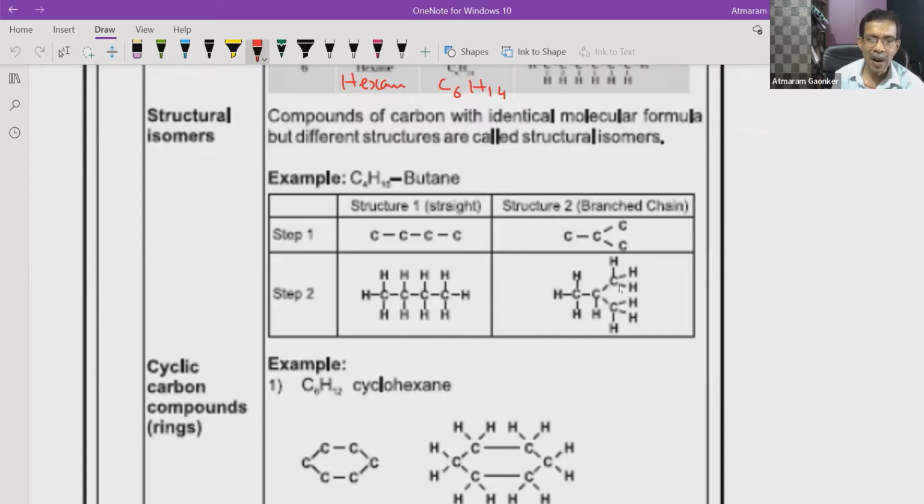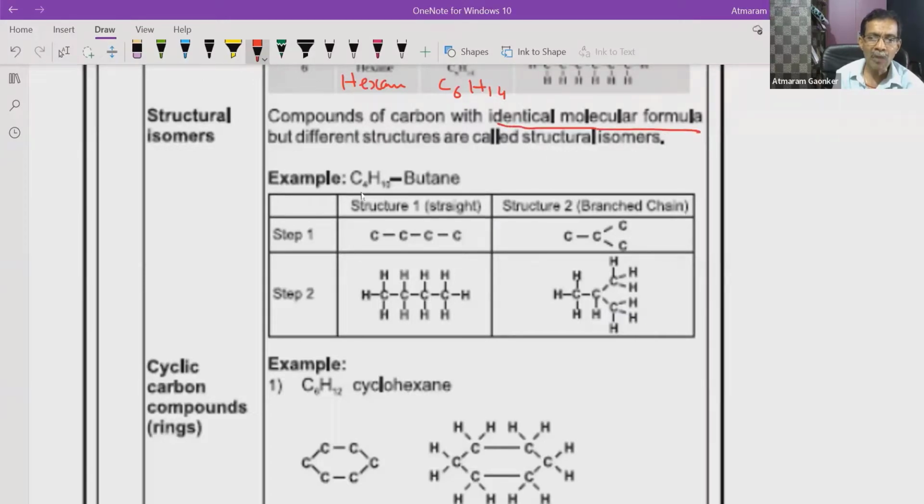But this becomes a different structure. This is called the straight structure. This is called the branched structure. So that is why they are called structural isomers. Compounds of carbon with identical molecular formula.